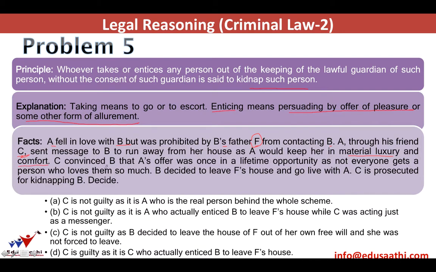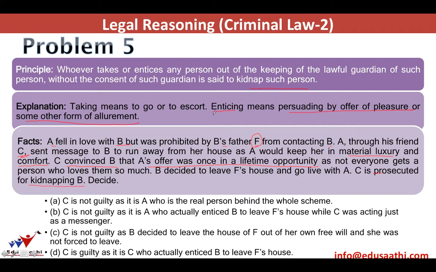So there is an allurement in the message. C convinced B that A's offer was a once in a lifetime opportunity, as not everyone gets a person who loves them so much. B decided to leave F's house and go with A. C is prosecuted for kidnapping B.